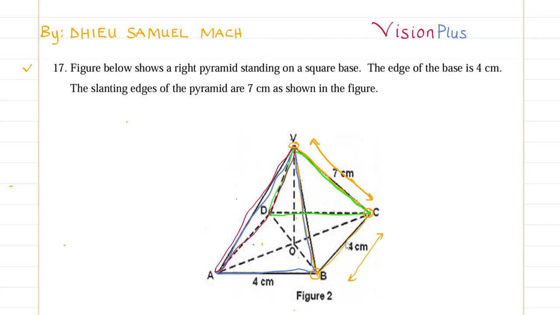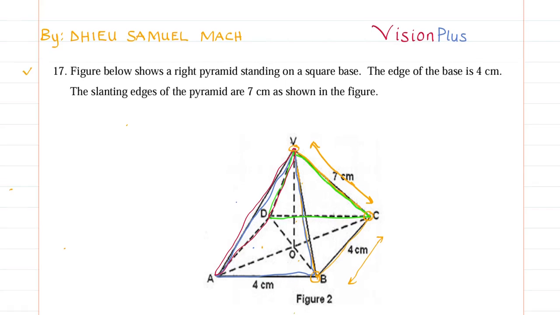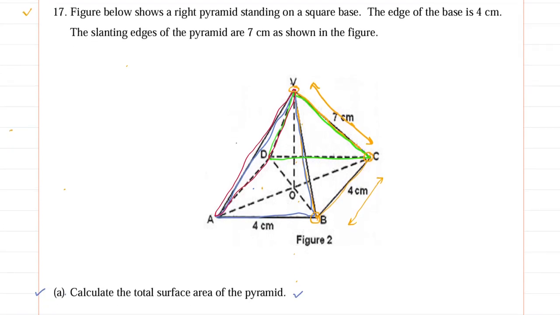So you multiply it by 4. And then you get the total surface area by adding the area of the base to the total area of the slanting surfaces, and that gives you the total area of the figure.